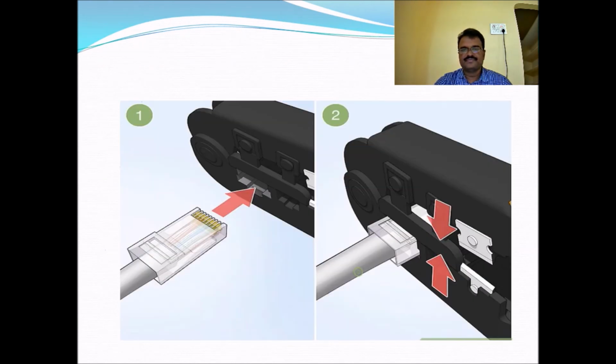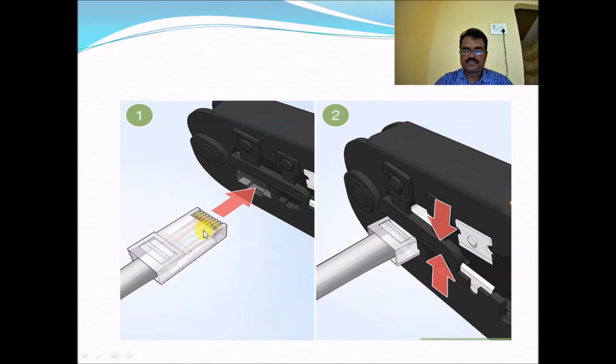So like this, we have to insert after we have cut and arranged the wires according to straight through or crossover cabling, and we have aligned them in the same line, and we have inserted into this RJ45 connector. Then we are inserting this entire mechanism into the crimping section of the crimping tool.